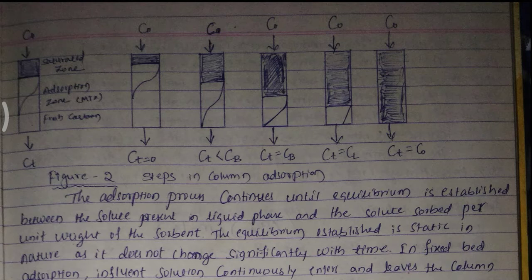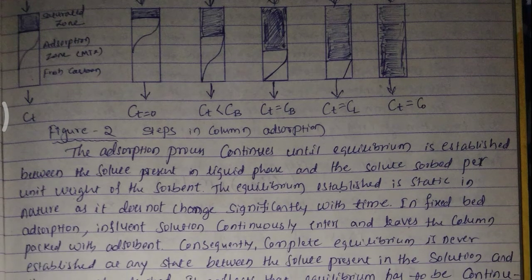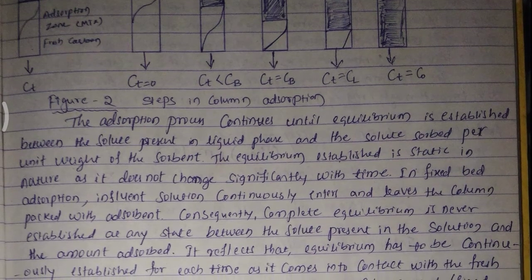The adsorption process continues until equilibrium is established between the solute present in liquid phase and the solute sorbed per unit weight of the sorbent. The equilibrium established is static in nature as it does not change significantly with time. In fixed bed adsorption, influent solution continuously enters and leaves the column packed with adsorbent.